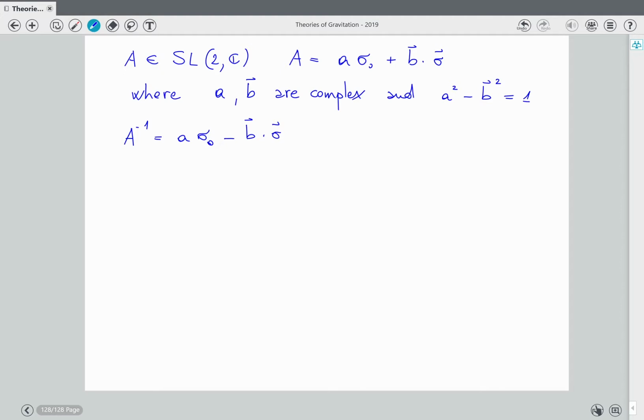Now, a property that you can prove is that if you take the matrices sigma mu and transform them as follows.